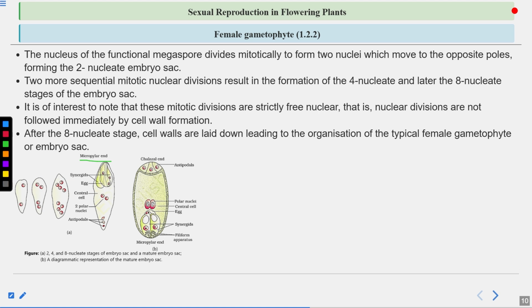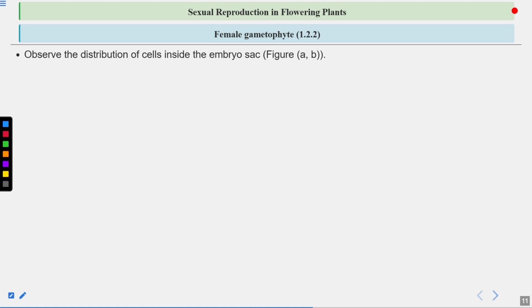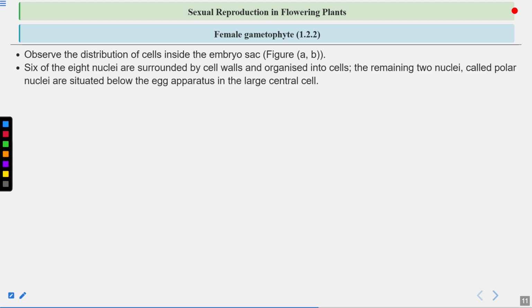Okay. Moving forward. Observe the distribution of cells inside the embryo sac. In the embryo sac, you have to observe what the different cells are. Six of the 8 nuclei are surrounded by cell wall and organized into cells.